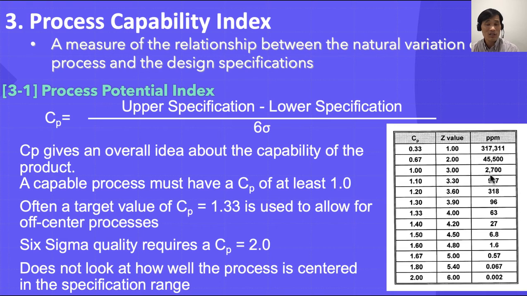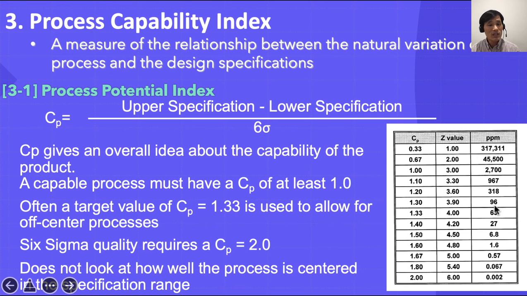So that's the Cp equals 1 level of the process. Often, a target value of Cp is 1.33, that's 63 defects per million products, which is really good.